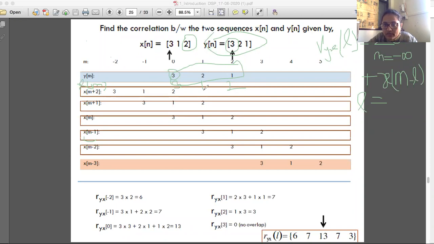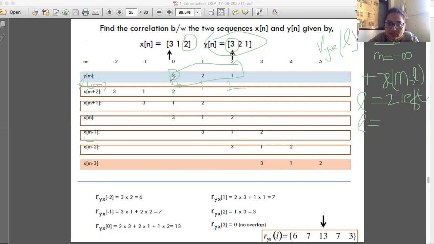This 2 will be shifted here, that will be 1 unit, and then shifted here, that will be 2 units. So L is equal to 2 units I have to shift to the left. This is going to be shifted by 2 units to the left hand side.